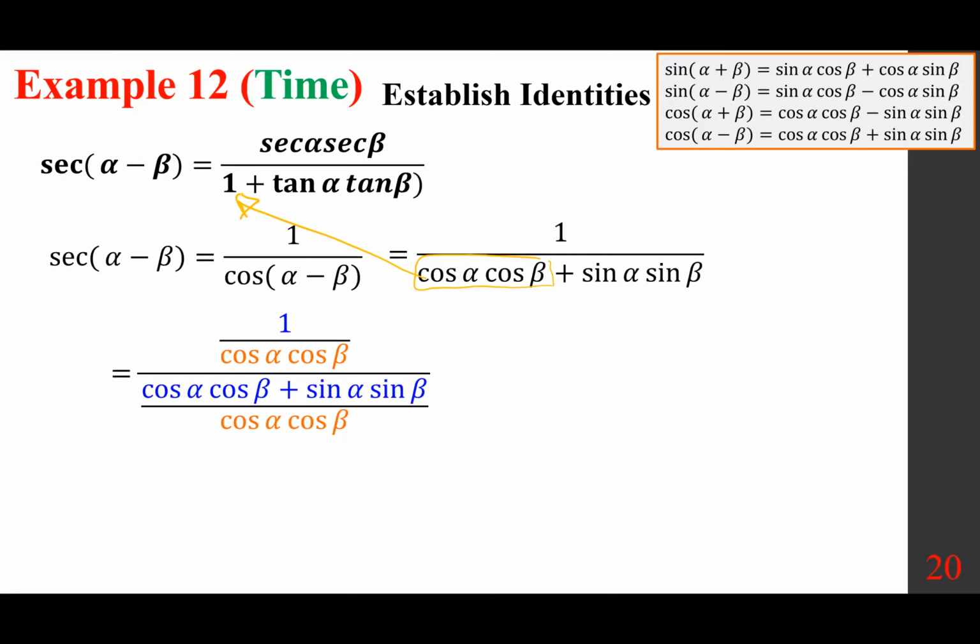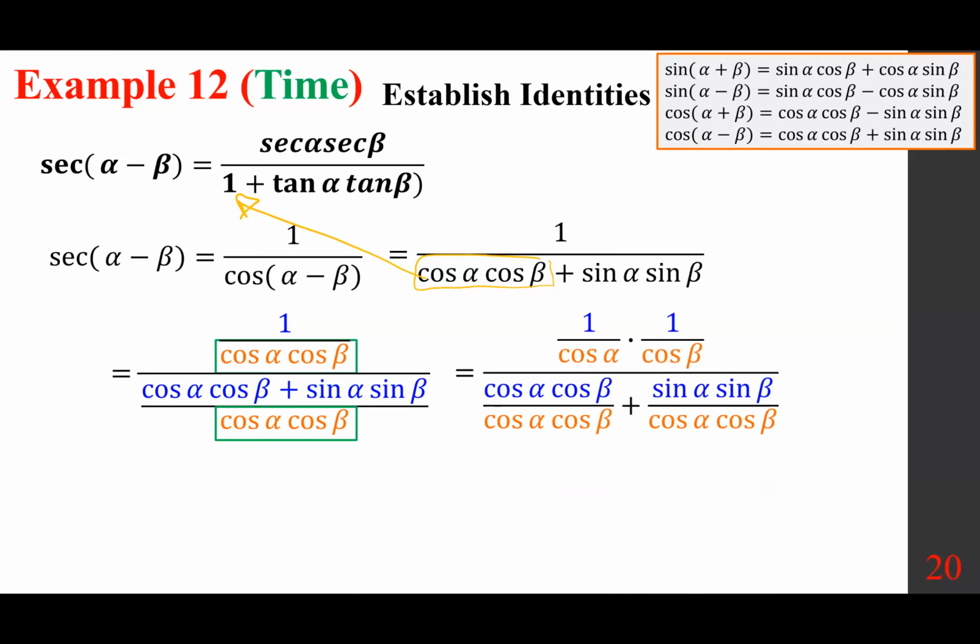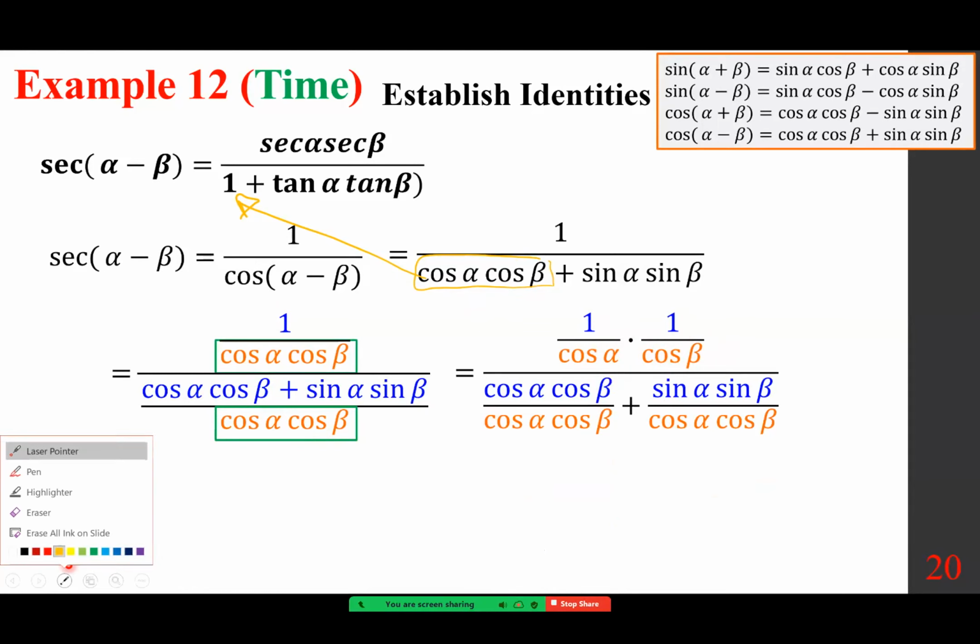Now you cut the top into 2 fractions, the bottom into 2 fractions. So what we do, this is 1 over cosine alpha times 1 over cosine beta, and this one 2 fractions. Clearly, this is secant alpha, secant beta. That's the numerator.